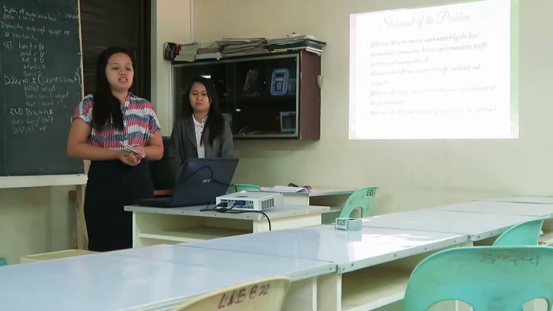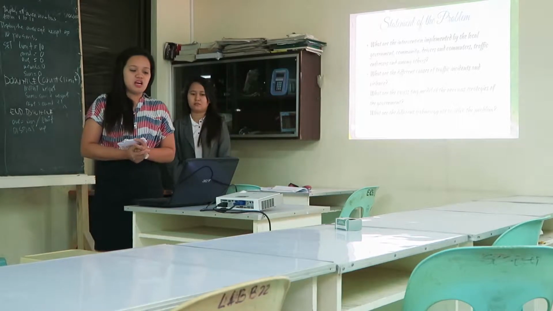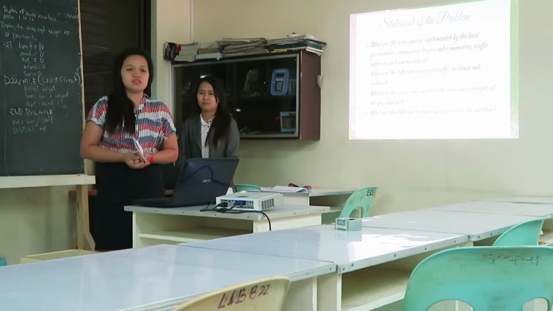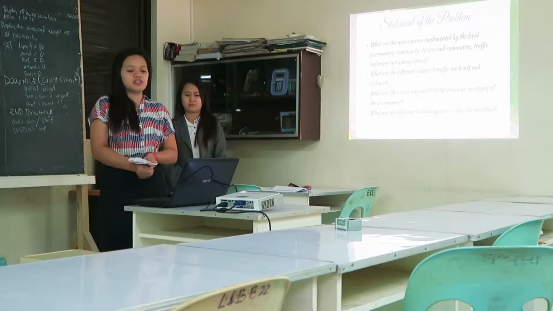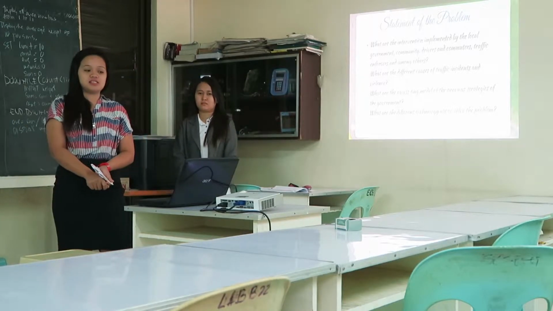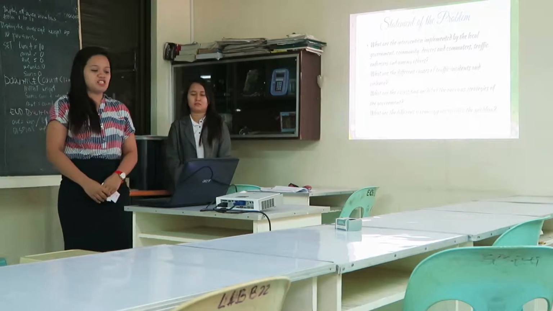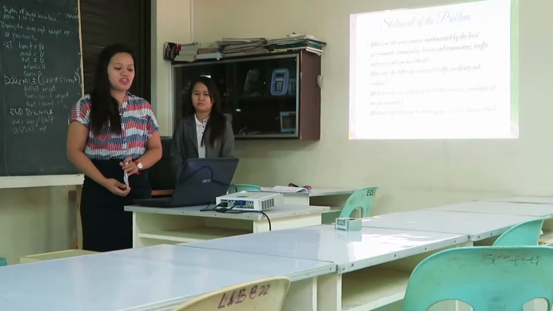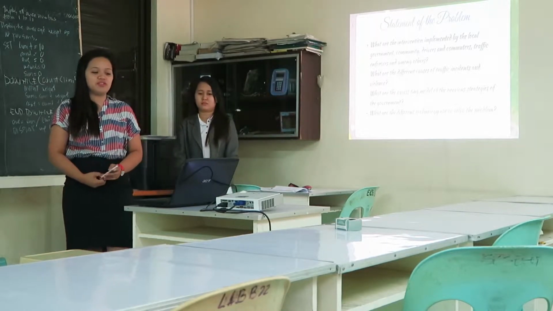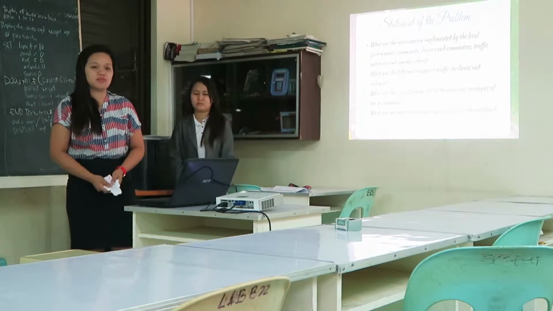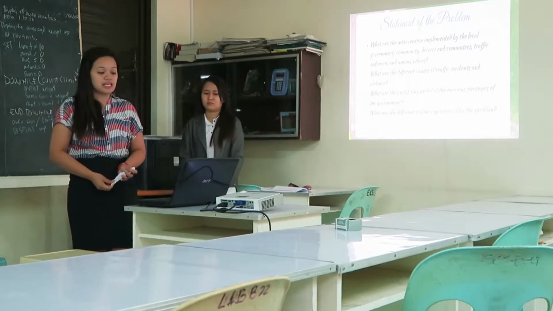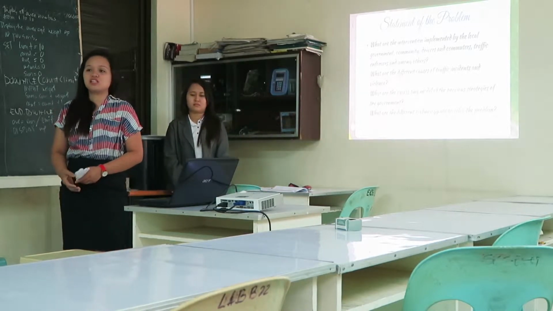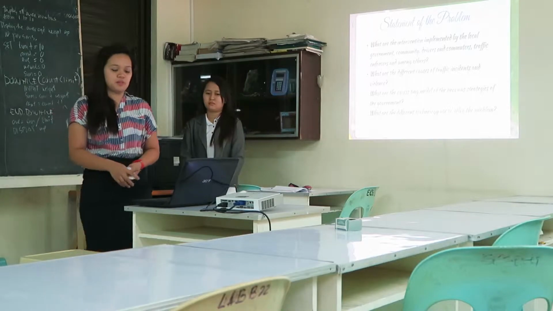The community, drivers and commuters, and also the traffic enforcers. Number 2, what are the different causes of traffic incidences and violations? Number 3, what are the existing models of the previous strategies of the government? And lastly, what are the different technologies being used to solve these problems?